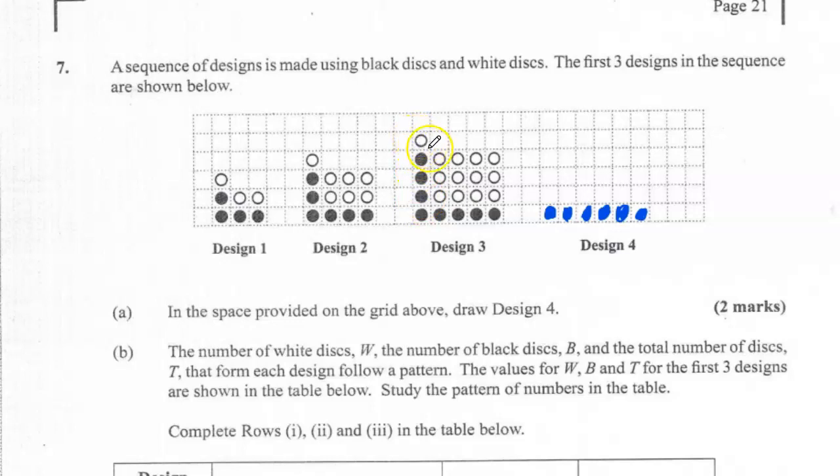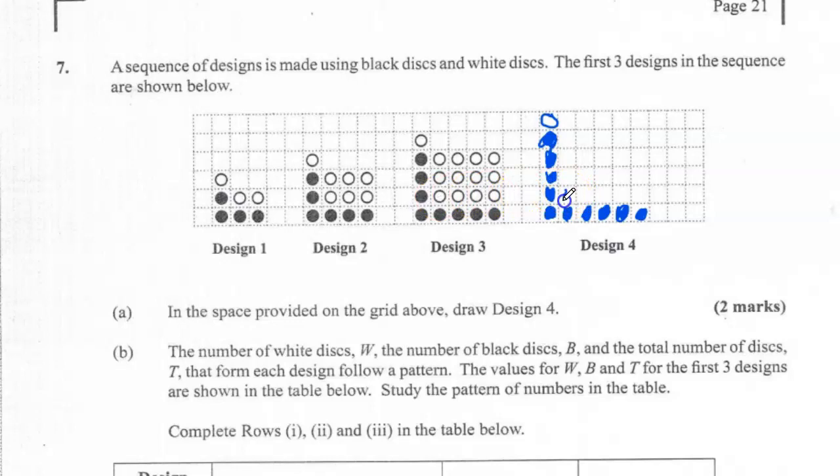The top one is unshaded. Alright, so 1, 2, 3, and 5, and then the top one is unshaded, right? So something like that. And then that's it. Everything else now will be unshaded. So this has 3, 4, then 5.